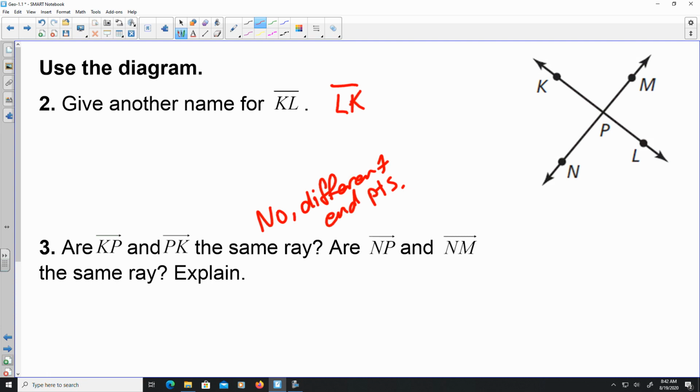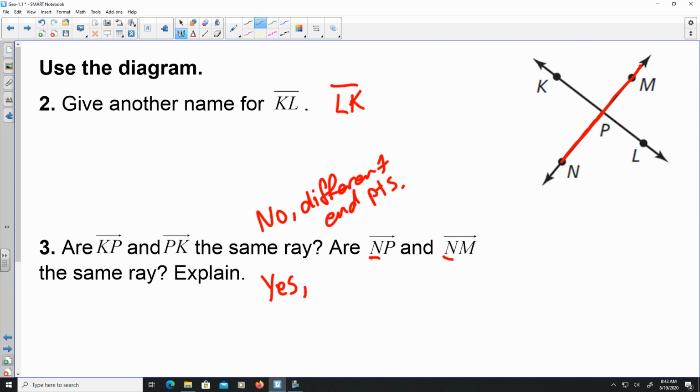Here, they're asking, are ray NP and NM the same ray? So NP is right here, NM is right here. The answer is yes, because by definition of a ray, you have the endpoint, and they have the same endpoint N. The other endpoint doesn't matter where it's located, that ray goes on and on to infinity.